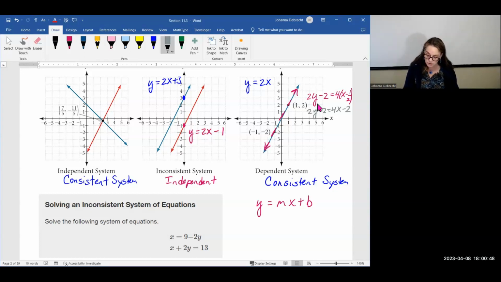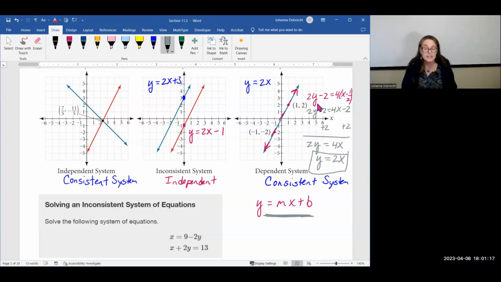So first I'm going to move the negative 2 by adding 2 to both sides of the equation, which gives me 2y equals 4x, since negative 2 plus 2 cancel. And again, I want to isolate y to get into slope-intercept form. This is our favorite form for this reason. I can't hide anything there. So then I get y equals 2x. Oh my gosh, they are the same line.